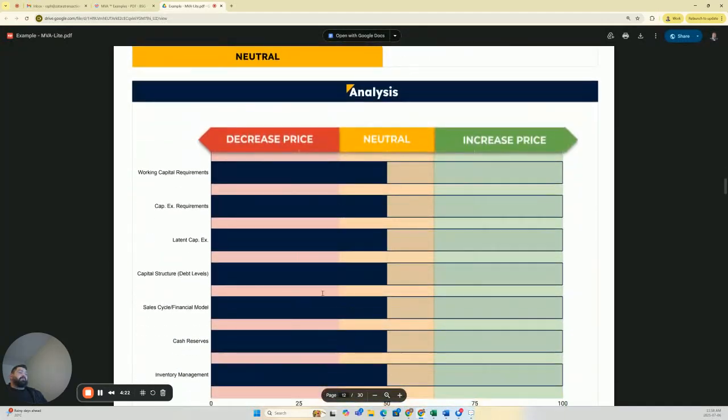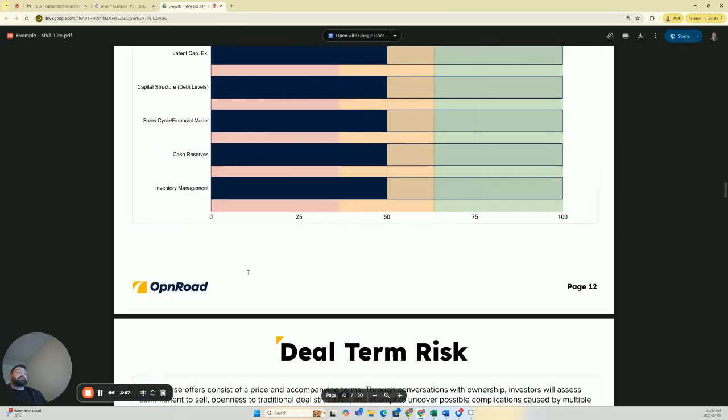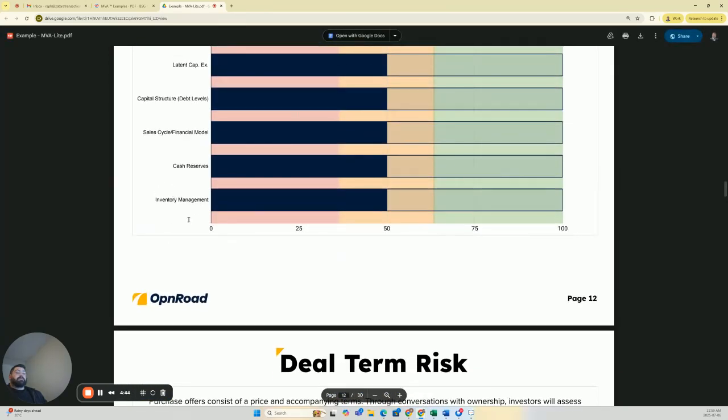And then you have your capital risk. So how much working capital the business needs, your CapEx, latent CapEx. So how much you have to invest, how much has already been invested, capital structure, sales cycle, financial models, cash reserves, and inventory management. So do they have too much inventory, right?